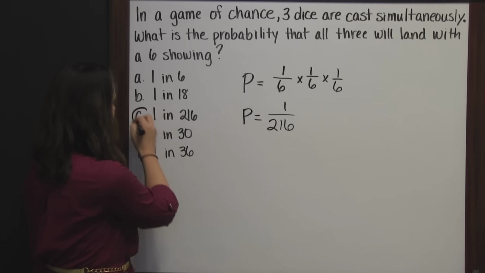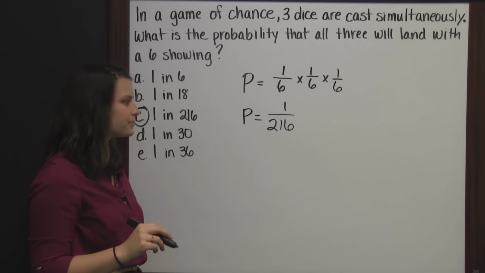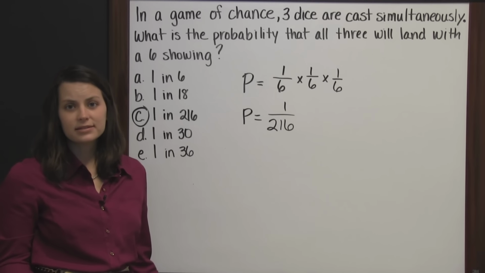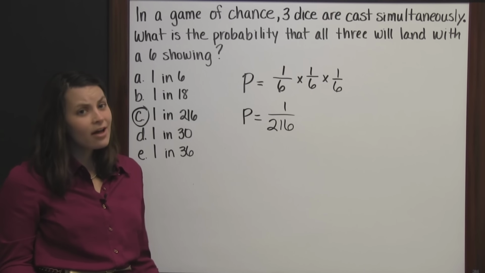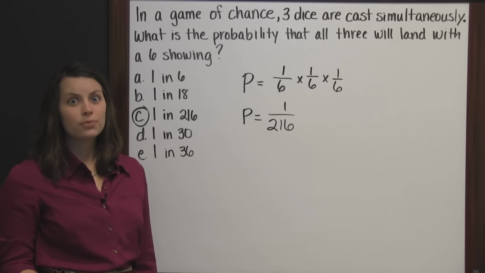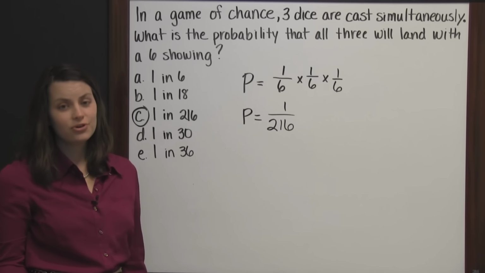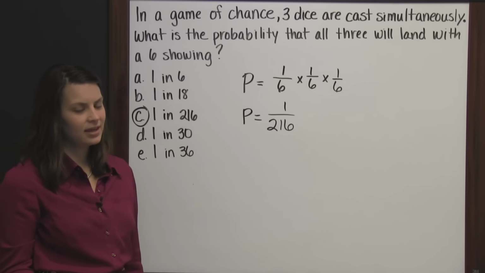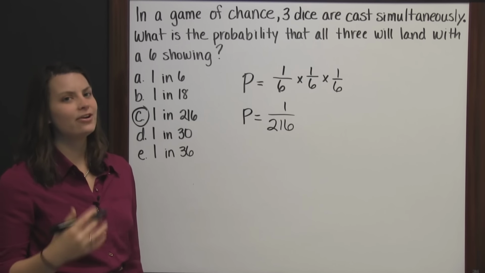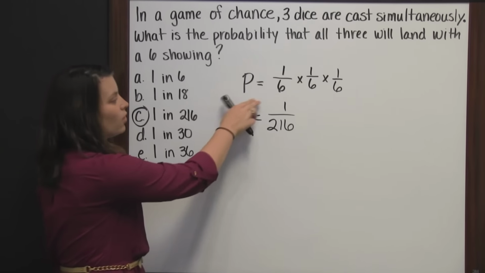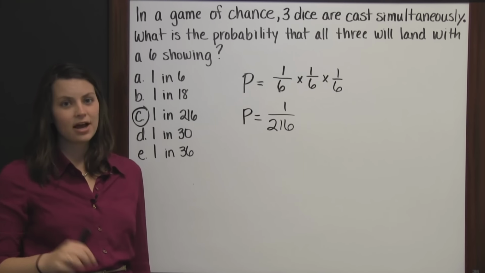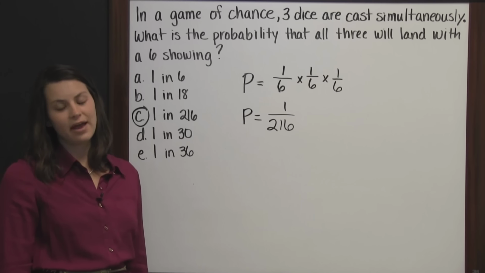So 1 in 216. Which, if you really think about it, makes a lot of sense. It's not very likely that when you roll 3 dice, you're going to get 3 6s. It's very unlikely. It doesn't happen very often. Maybe 1 time out of 216 times that you cast those dice.